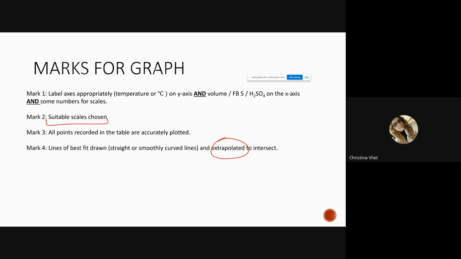All right, one thing I'm going to mention to each table: when you record temperature, you can say 18.0 or 18.5 or 19.0. You have to end with the nearest 0.5.